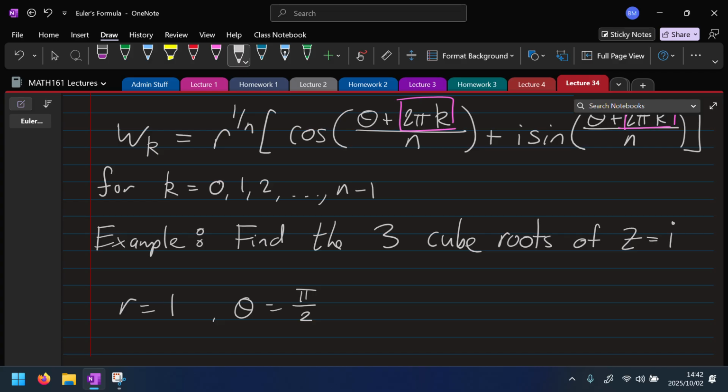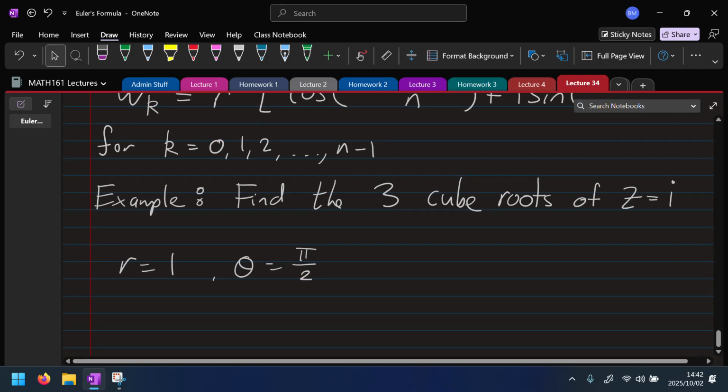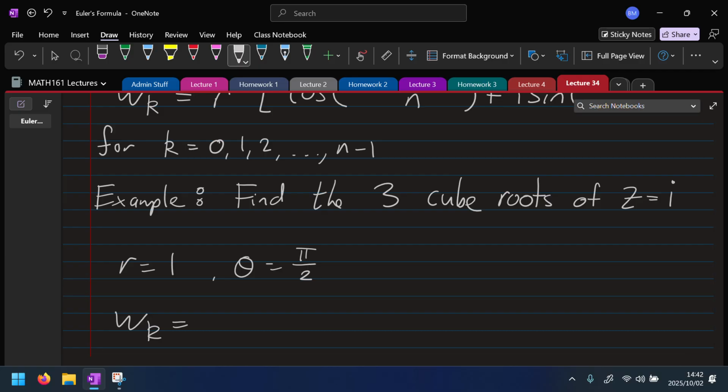Okay, so we have r, we have theta. Let's substitute to get our wk. So this will just be 1 to the 1 over 3. It just stays 1. So it will be cos of pi over 2 plus 2k pi, and we're looking at the cube root, so we need to divide this by 3.